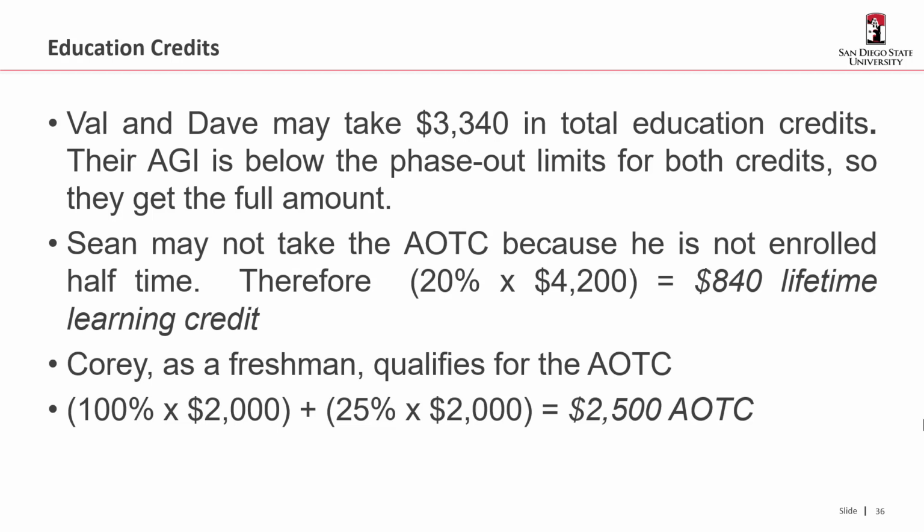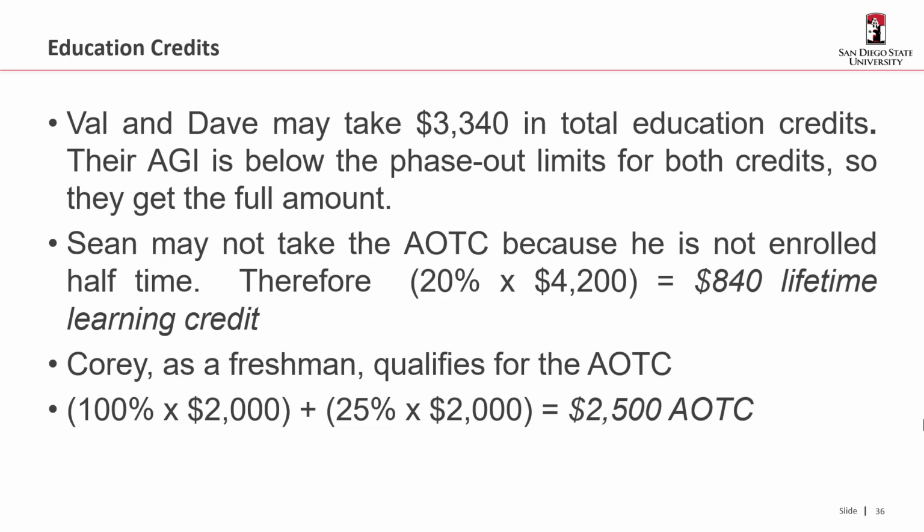So Val and Dave are going to be able to take $3,340 in total education credits. So we need to figure out how that is the case. First, Sean may not take the American Opportunity Tax Credit because he is not enrolled half-time. As a result, he takes 20% of the $4,200 he spent. That's $840 of Lifetime Learning Credit.